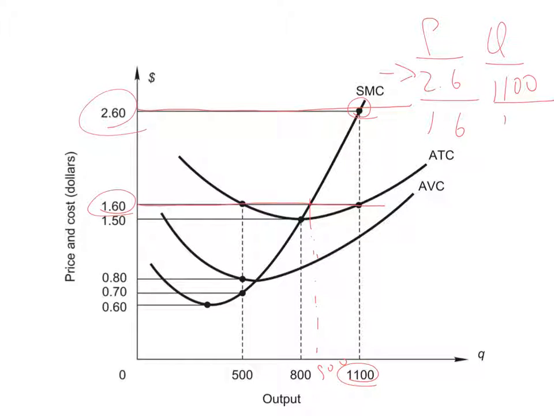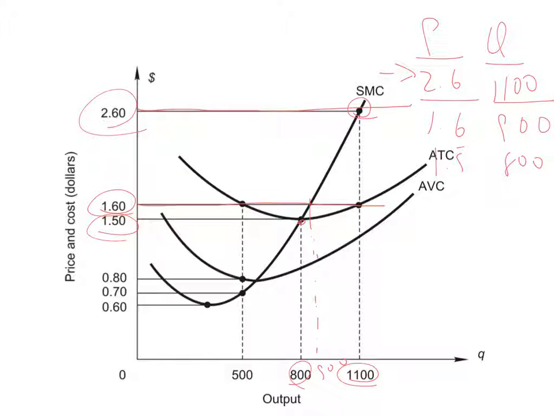We'll call it that. I'm sort of guessing somewhere between 800 and 1100. If the market price falls to $1.50, the firm is at its break-even point, earning a normal profit. Price equals average total cost. The firm produces 800.